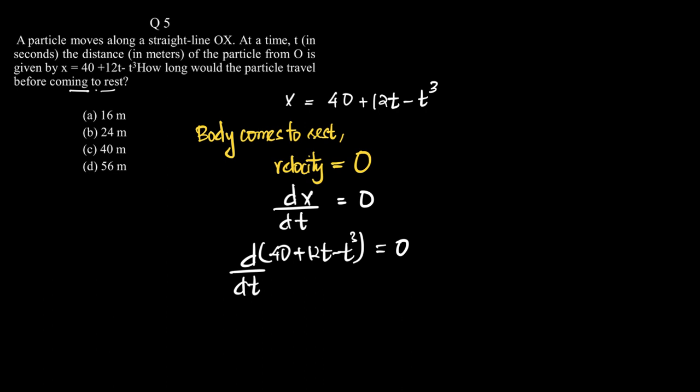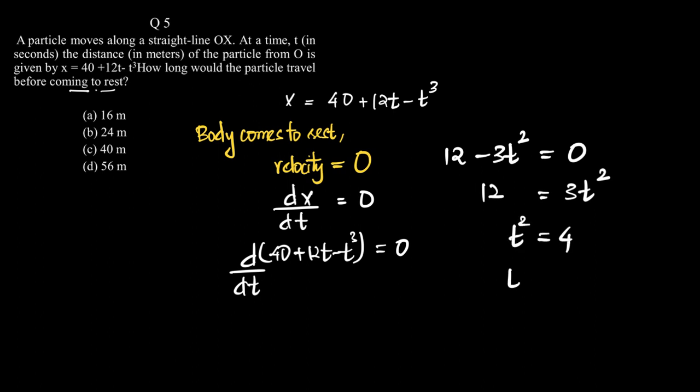This will be equal to 12 minus 3t square is equal to 0, which means 12 is equal to 3t square, which implies t square is equal to 4 and t is equal to plus or minus 2. Since time cannot be negative, t is equal to negative 2 doesn't make sense. So t is equal to 2 seconds is what we need.